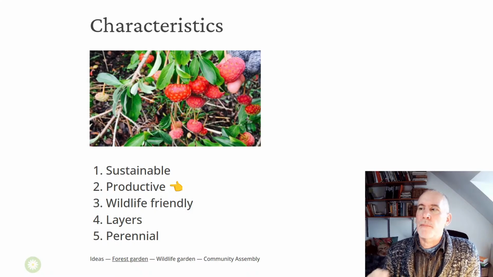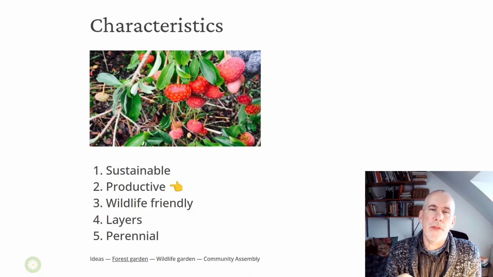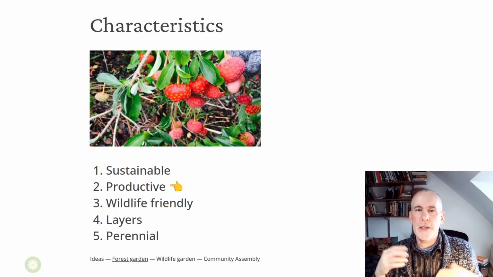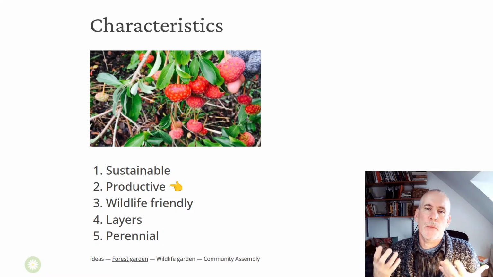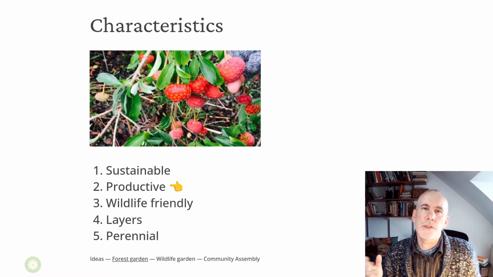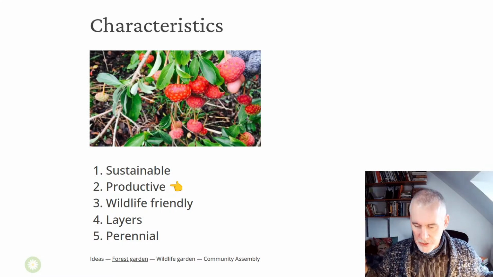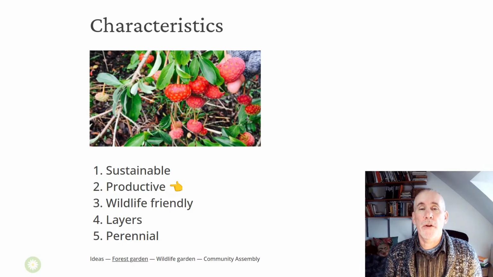But yes, you can eat a whole range of things: fruits, nuts, leaves, shoots, roots. It's a whole range of different edible parts, and then there are herbs and woods and canes, all sorts of different produce that you can grow in a forest garden.